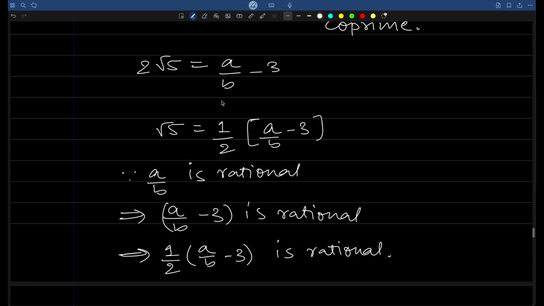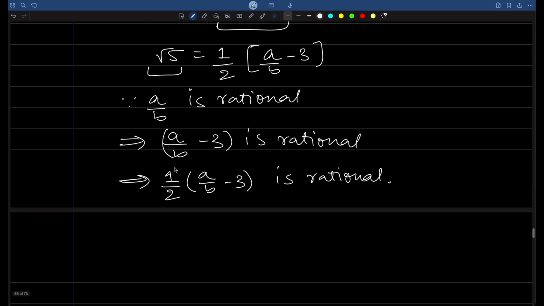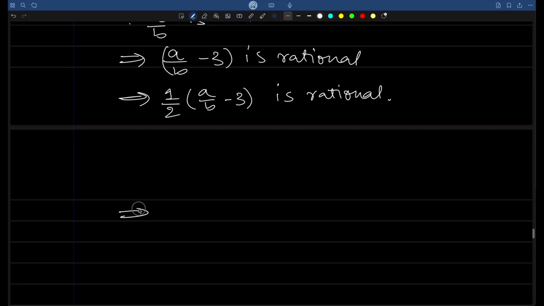If the right hand side is a rational number, the left hand side is also rational. This implies root 5 is a rational number.